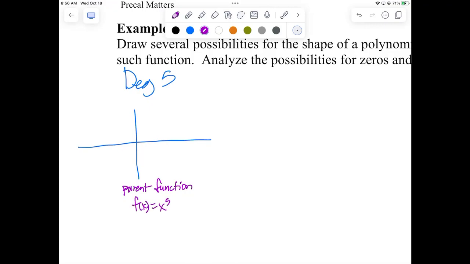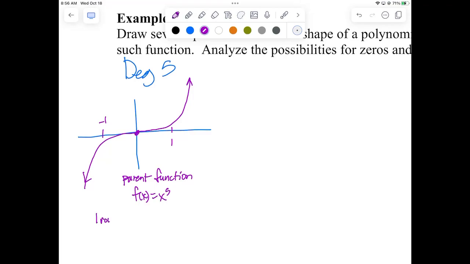And we know that that one comes in like this, and like x cubed, it goes through the origin and comes out like that. The only difference is between -1 and 1, this graph is flatter than x cubed, and outside of -1 and 1, it's steeper.